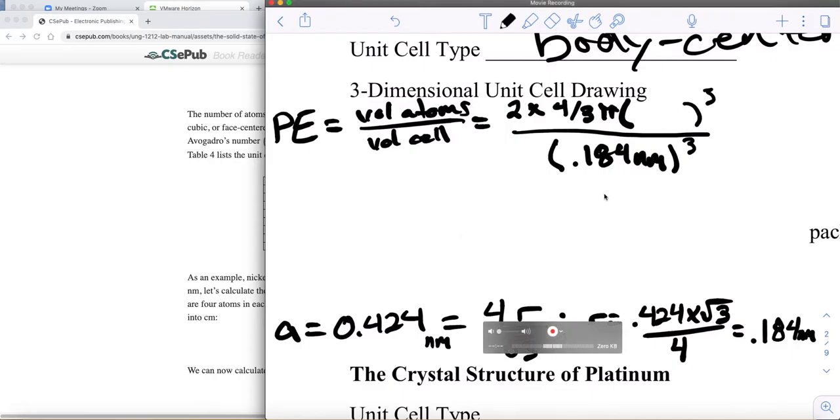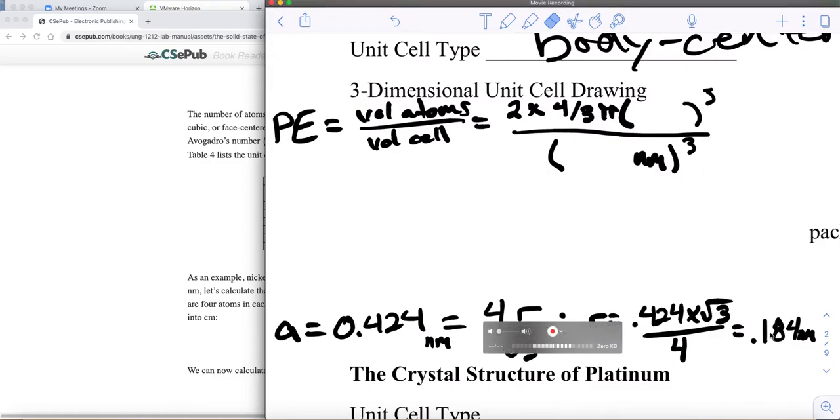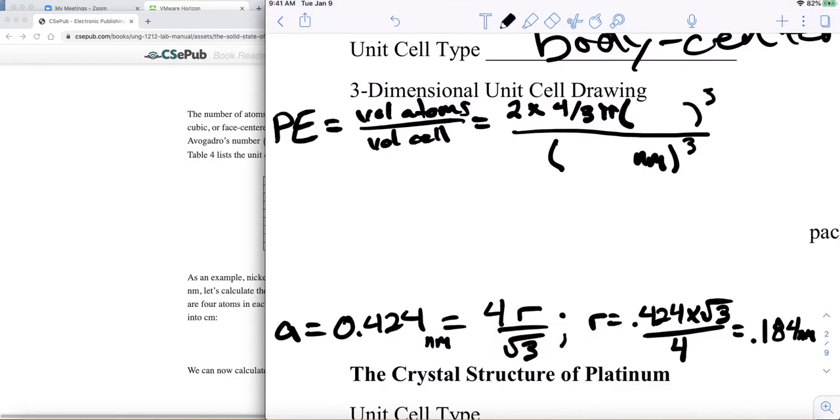And so I can come up here and say 0.184 nanometers is going to be cubed. Actually, I'm getting ahead of myself here. Make sure I put the right value in the right spot. 0.184 is my radius, right? So this is R. R is the 0.184. That's going to go in the top of my equation up here.